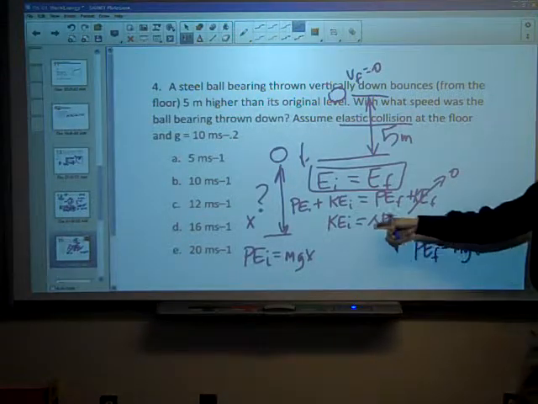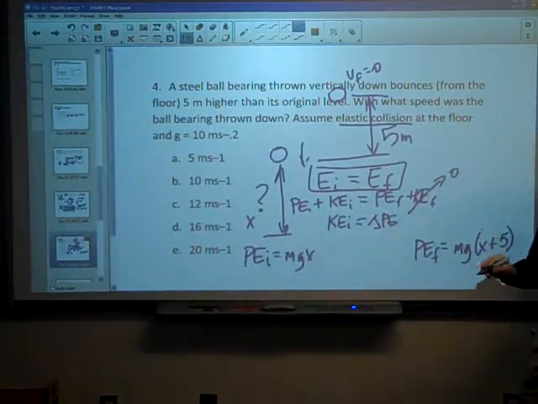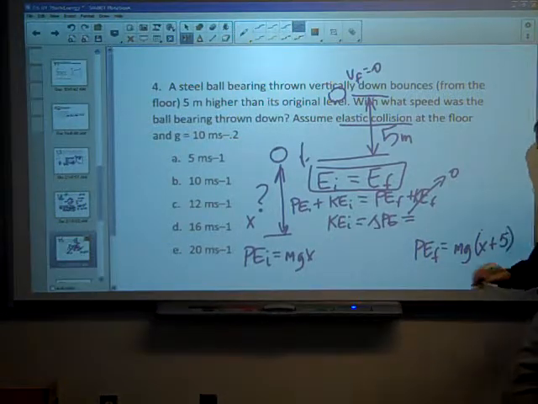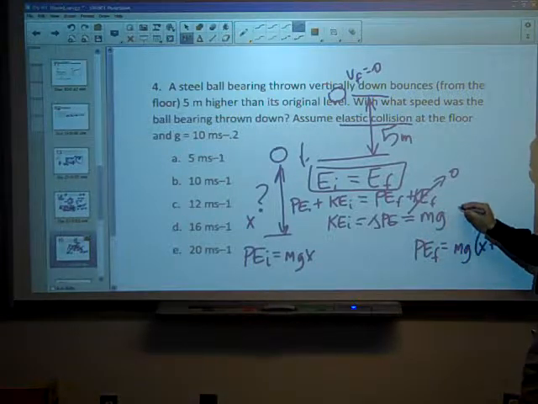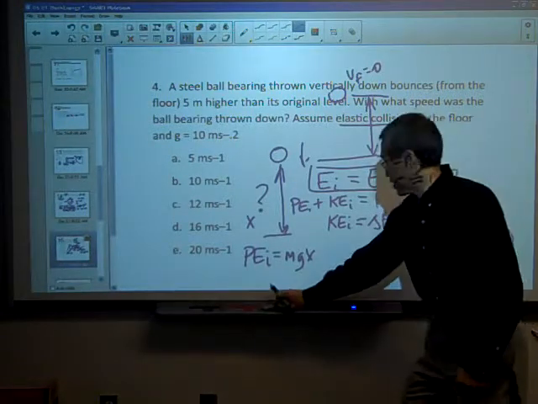So my change of potential energy must be the difference between the two: 5, which in this case is m times g times my 5 meters. Okay, so that's why I can do that.